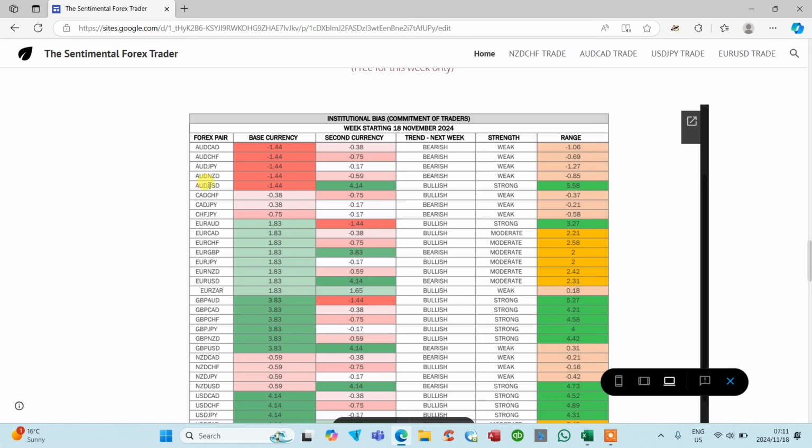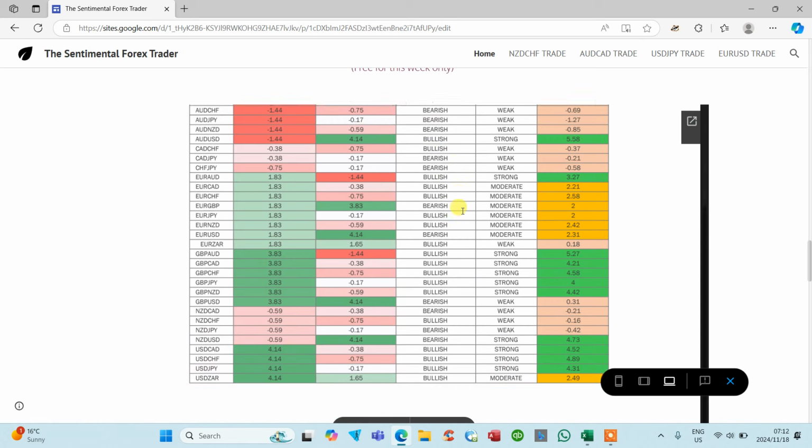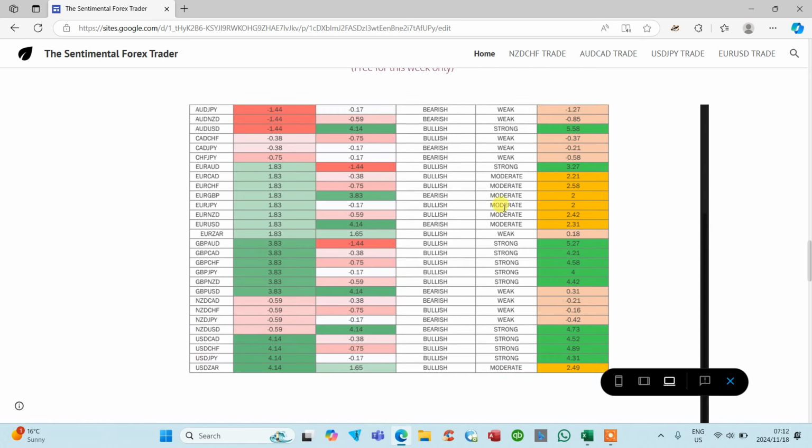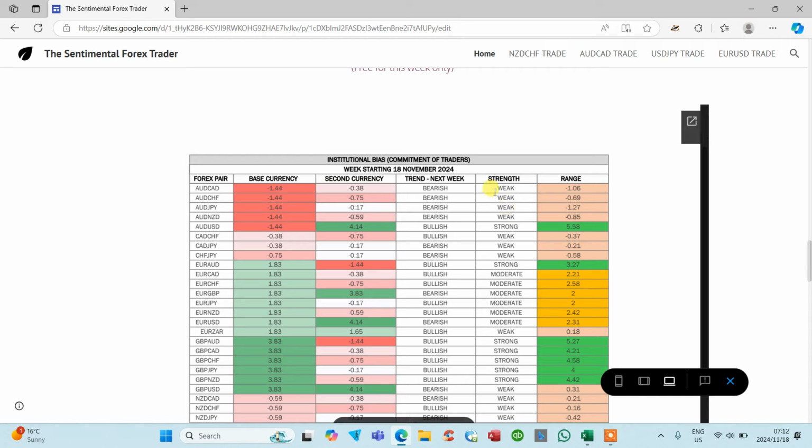And this is very powerful. So this shows the strength of the Aussie dollar and the second currency. Obviously that gives you a bearish or bullish outlook for the following week or two. Okay, and then there's a range, and then it shows the strength of that trend, which could be weak or strong.